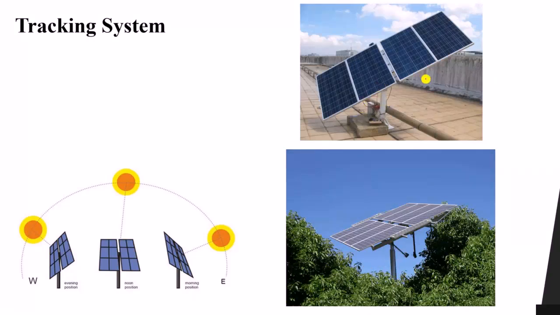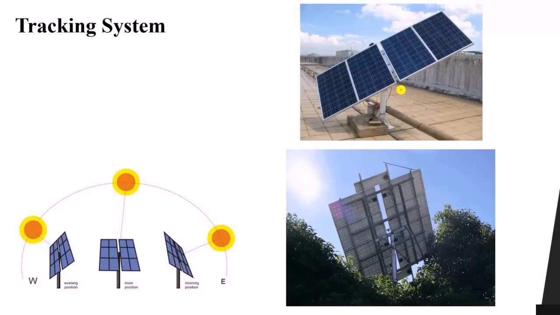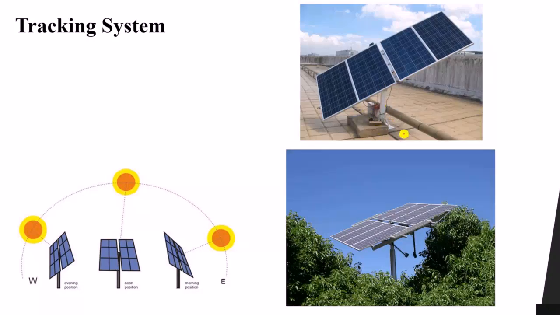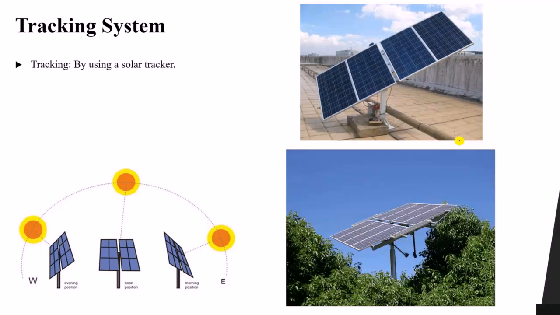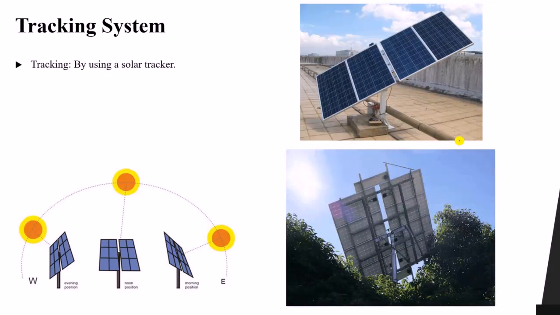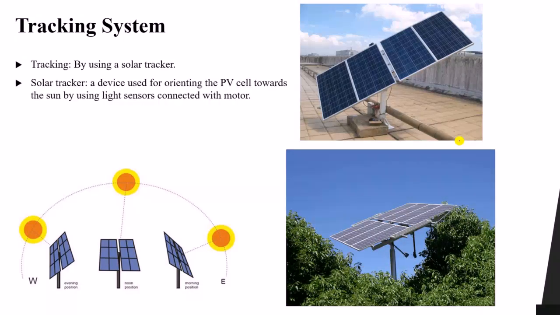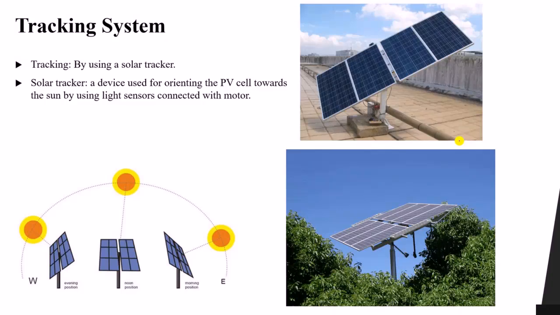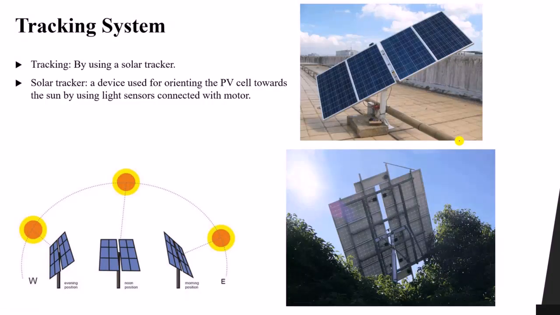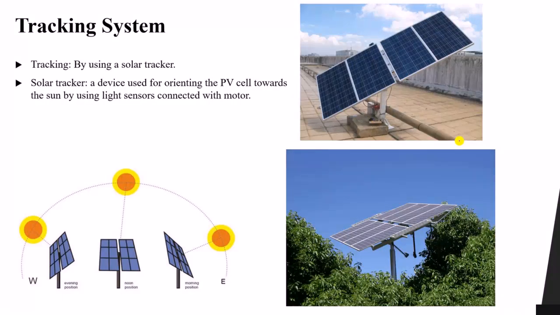Now, how do these PV panels move? They move using an electric motor. This system is called the solar tracker. The solar tracker is a device that is used for orienting the PV cell or the PV panels toward the sun.